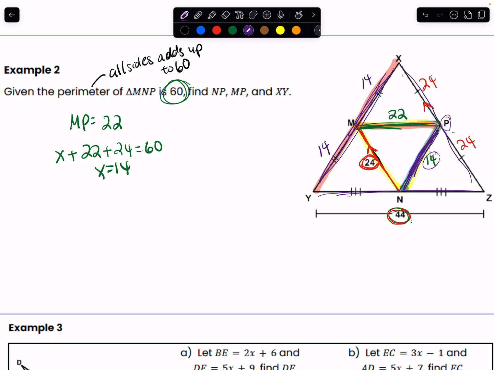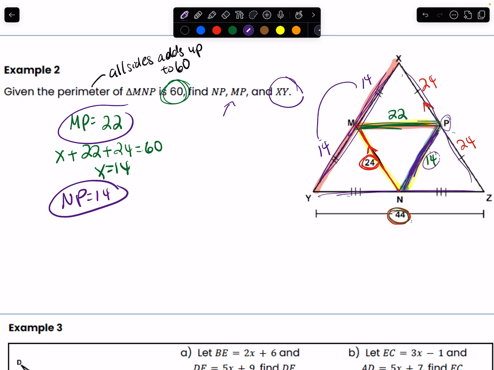The other piece of information that we have to find, actually, I forgot to label here, okay. NP, we figured out it was 14, and the last piece of information that we had to figure out was XY, which we can figure out easily. We can just do 14 plus 14. So my XY here is 14 plus 14, which is 28.